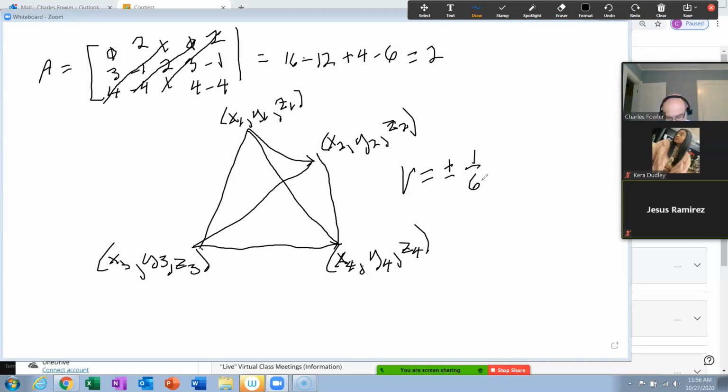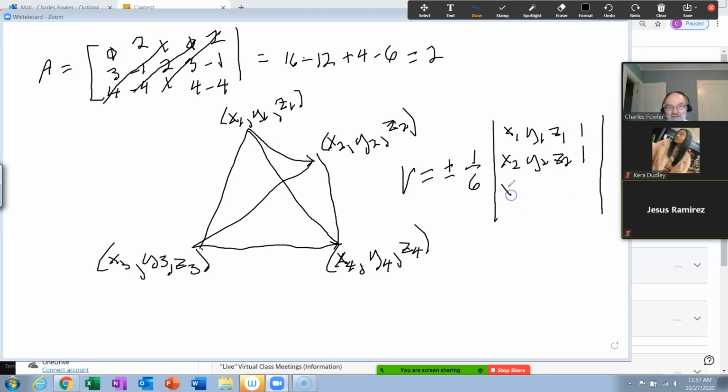Then you take the determinant of these points. The first row would be x sub 1, y sub 1, z sub 1, but we need a 4x4, so the fourth entry is just 1. The next row would be x sub 2, y sub 2, z sub 2, 1.